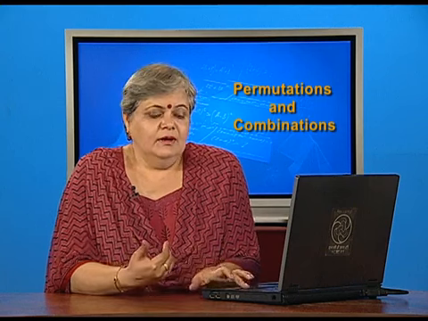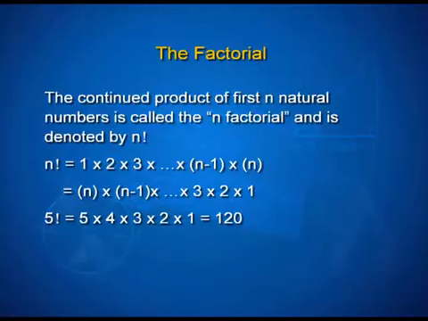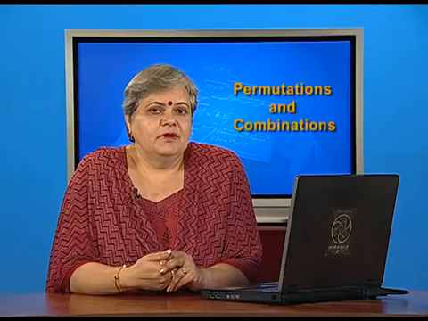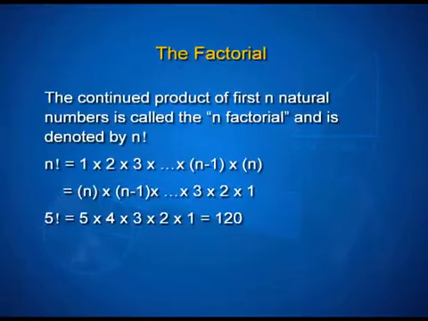This means that 5 factorial is nothing but the product of 5, 4, 3, 2 up to 1. So, 5 into 4 into 3 into 2 into 1 gives the value of 5 factorial, which is 120.